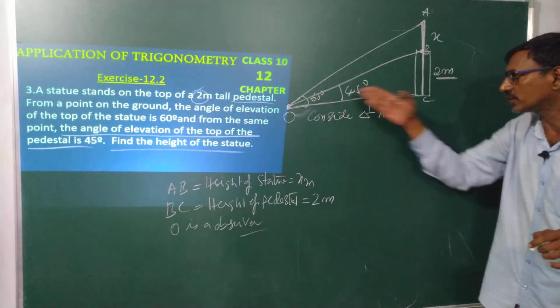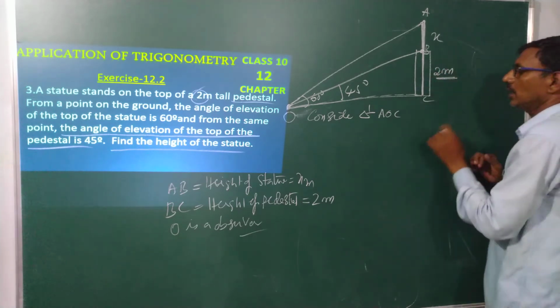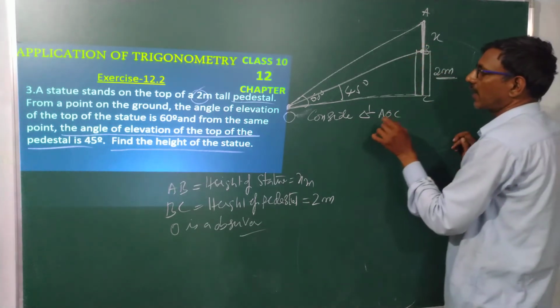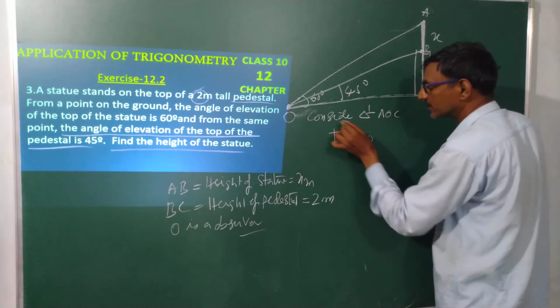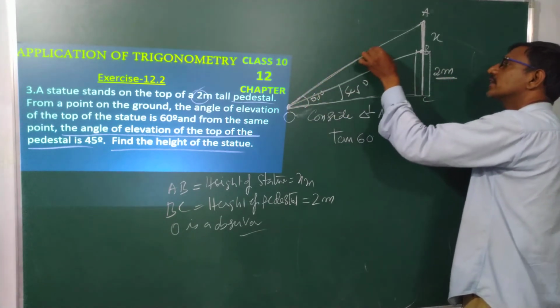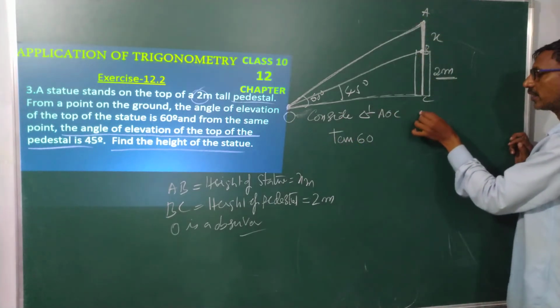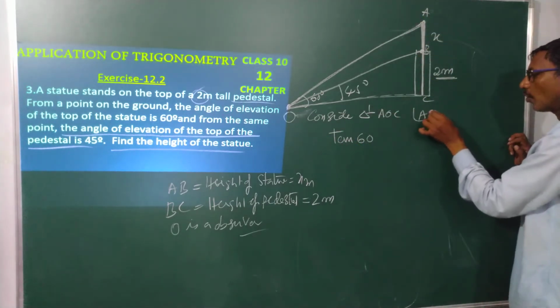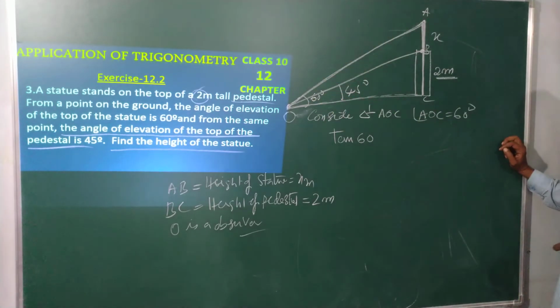In triangle AOC, I am taking tan 60 because the angle of elevation is 60 degrees, given by the question. Angle AOC is equal to 60 degrees.